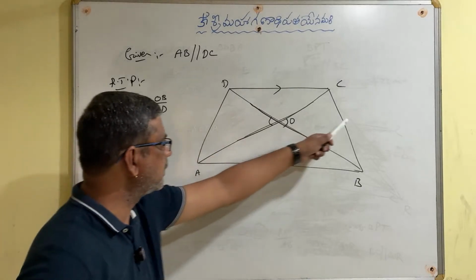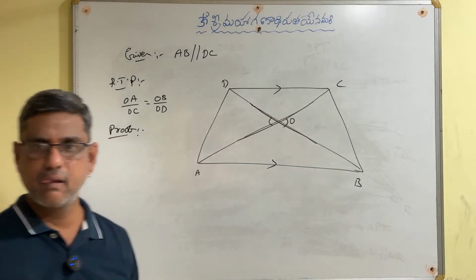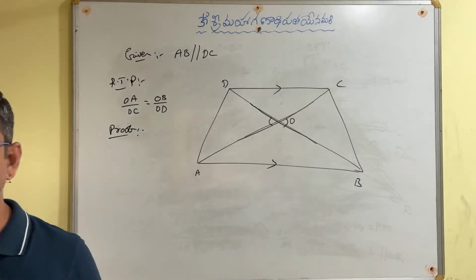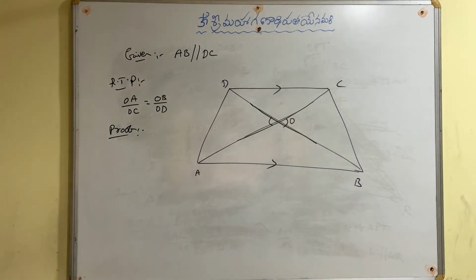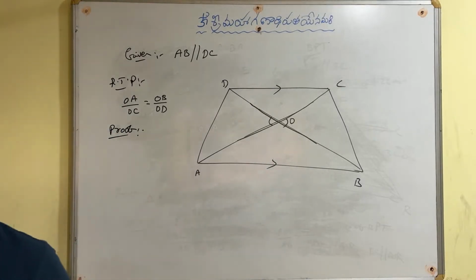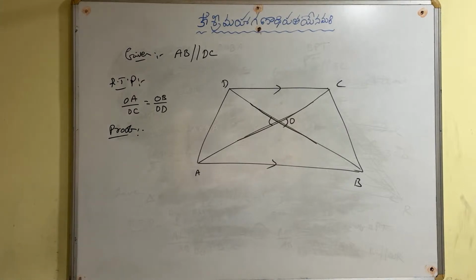Are these two lines parallel? Is it given? AB and DC are parallel. AD, BC are not parallel.